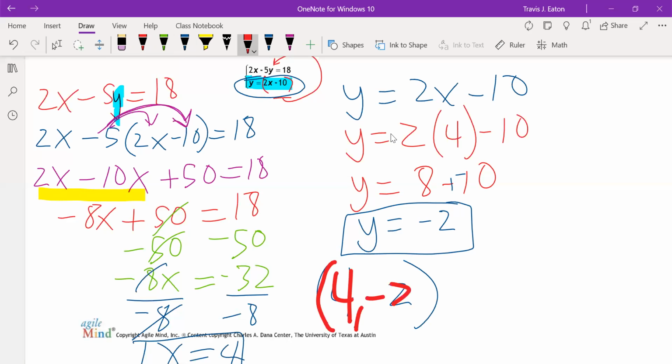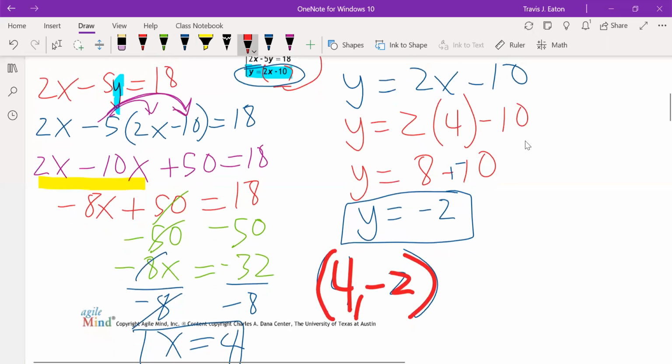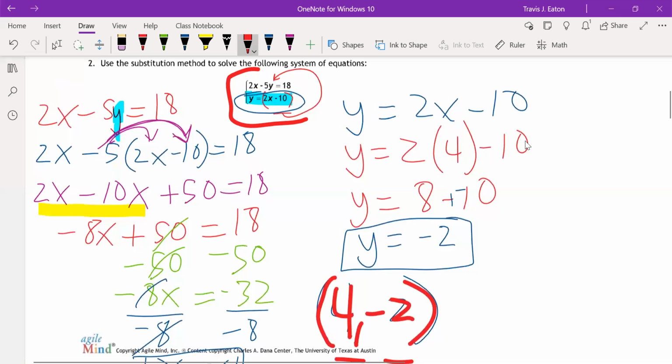4, negative 2. In the interest of time, I just want to make sure that we get through as much as possible. Remember, all you have to do to check is take these two values, your x and your y, substitute those back into the original two equations in the system, and make sure that those equations are true.